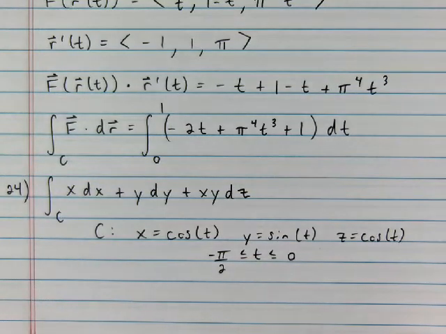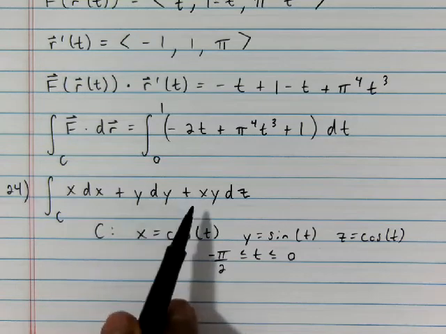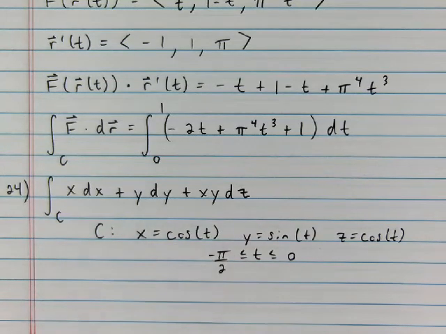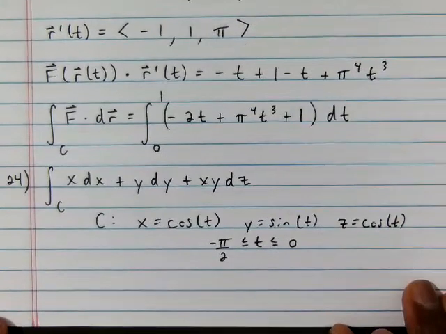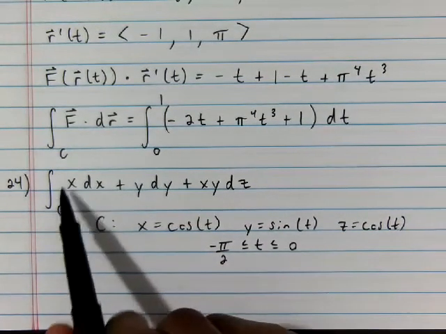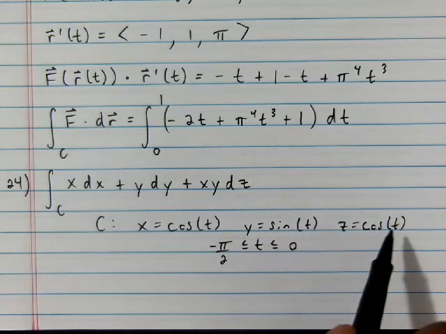All right, so when we have this set up, this is the M dx plus N dy plus P dz. So we are still doing a line integral of a vector function. The way we do this is we just plug exactly what we see here into there, but we get that information all from our curve.